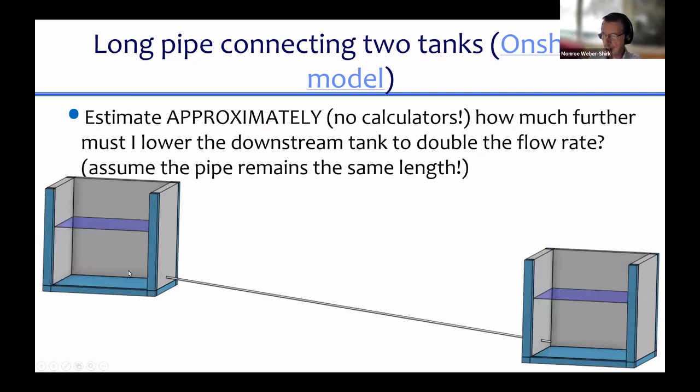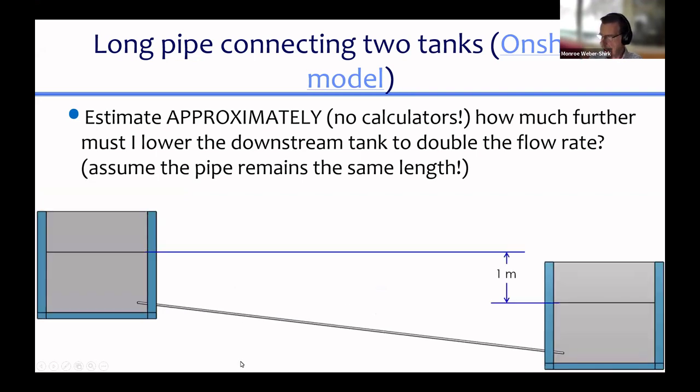These two tanks have a water surface in them, and that water surface is 1 meter lower in the second tank than in the first tank. That's what's driving the water through that pipe. And I want to know how much more I must lower the downstream tank, or how much difference in water elevation I need, in order to double the flow rate.